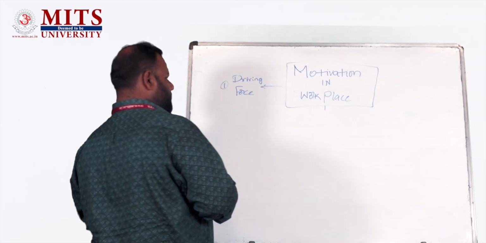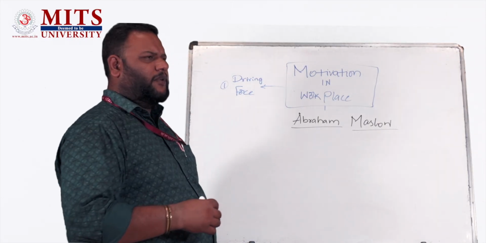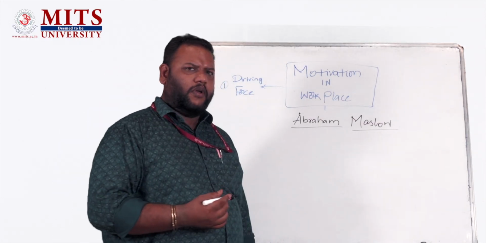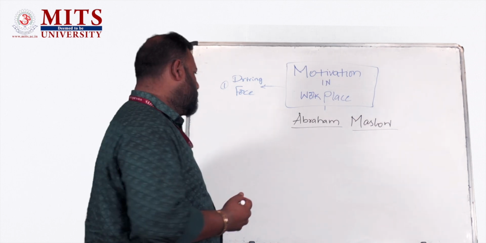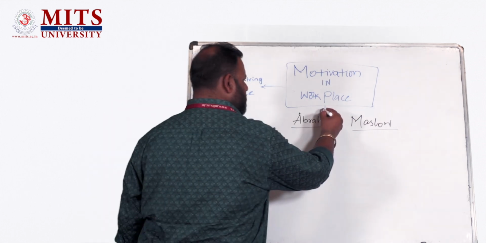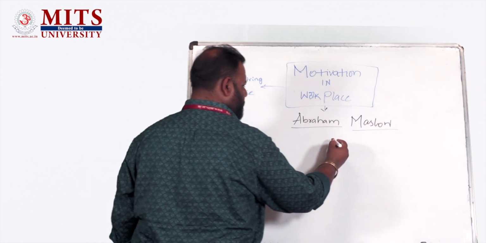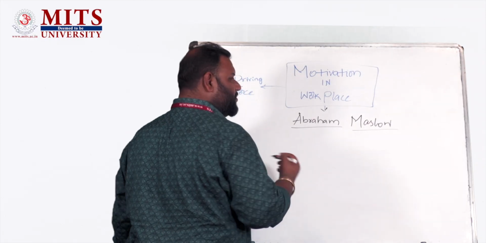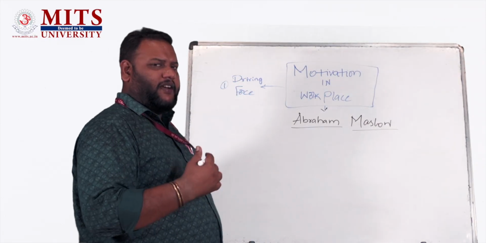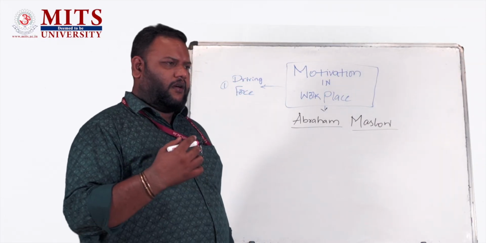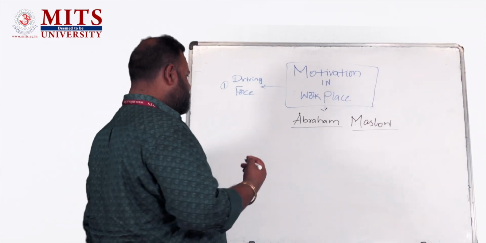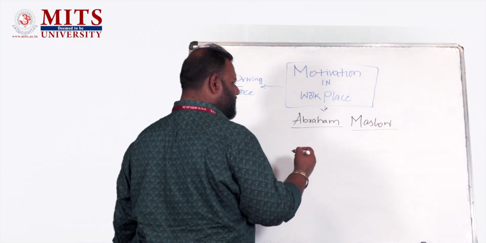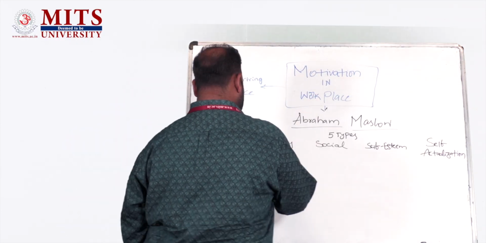There is a scholar who gave a very famous model related to motivation. He identified certain factors that a human basically needs. He categorized them into five types.